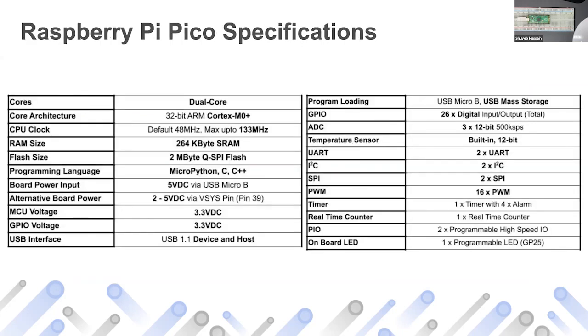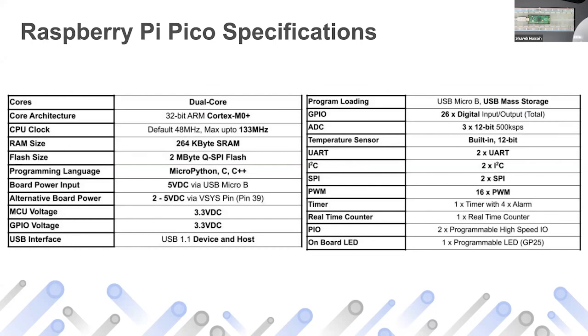So let's look at what the Raspberry Pi Pico really is in terms of specification, right? First of all, it's a dual core chip. That's really cool, right? Microcontrollers very recently started going to more than one core. And it's actually a 32-bit chip. It's got a Cortex M0 ARM chip in it.